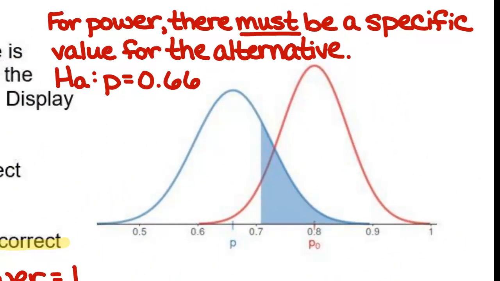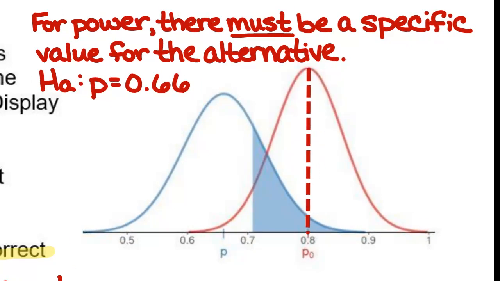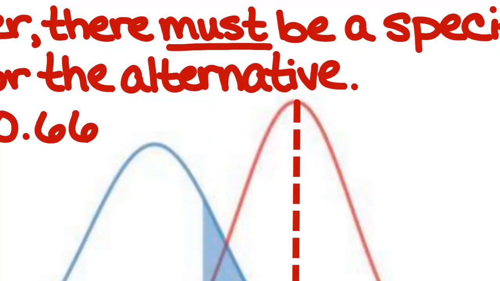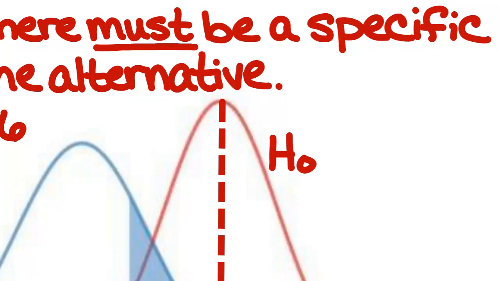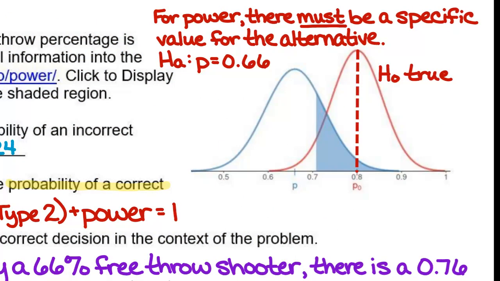We're going to add some stuff to this picture here. So this curve in the picture that's printed on your notes, the curve that is to the right, this is the normal curve, the normal distribution, if the H0 is actually true.